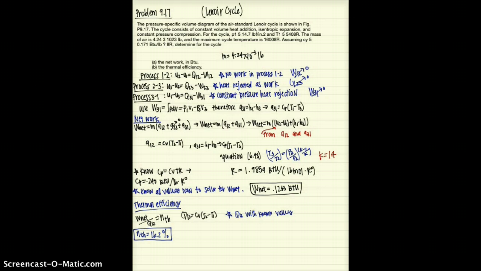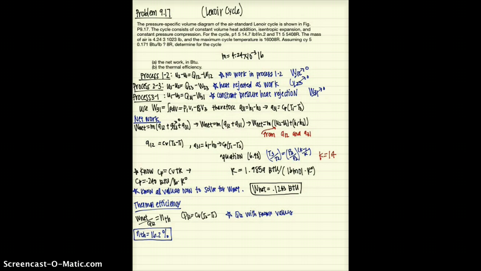In this process, energy is rejected as work during the isentropic expansion, so we can cross out Q from 2 to 3. For process 3 to 1, again using the first law, we find that U1 minus U3 is equal to Q from 3 to 1 minus work from 3 to 1.